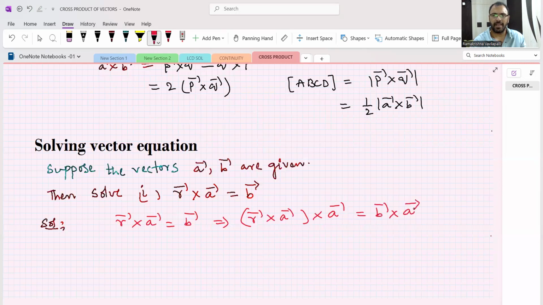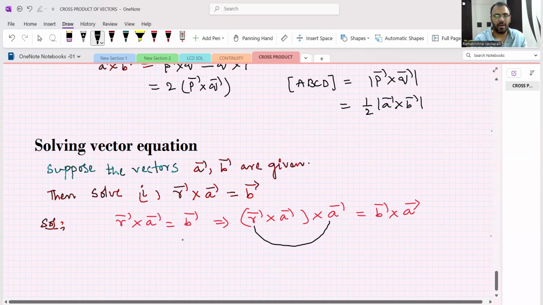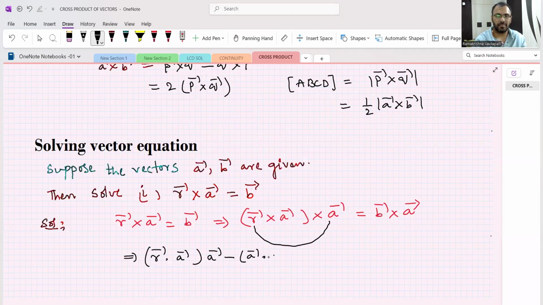I will explain later on how to do this triple product of vectors. Right now, you just see that this is R bar dot A bar into A bar, minus A bar dot A bar into R bar, equal to B bar cross A bar.